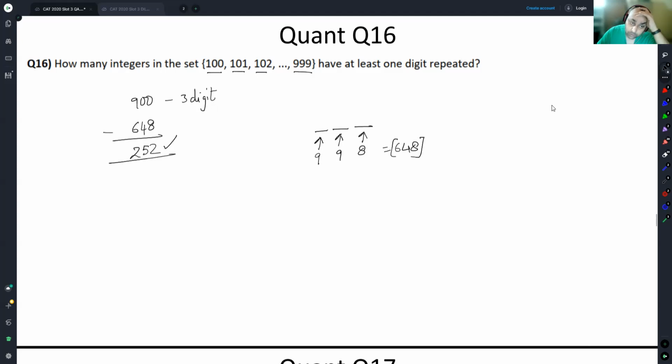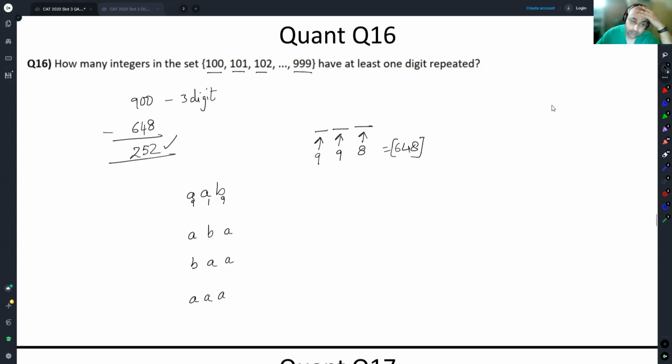Another way to think here could be, the number that we are considering is AAB or ABA or BAA or AAA. These are the only variations of numbers in which repetition is happening. Because it is the leading place digit, it can be filled up in 9 ways. This is fixed now.